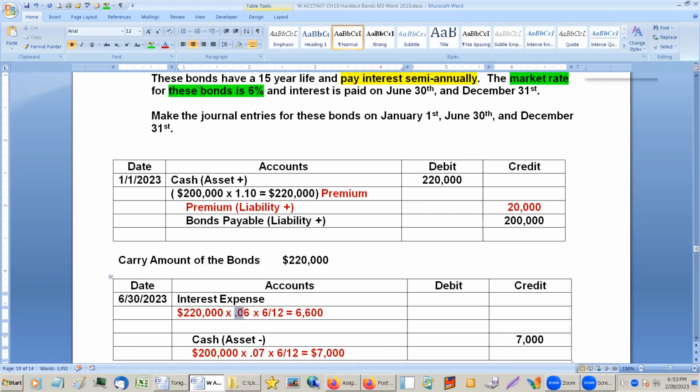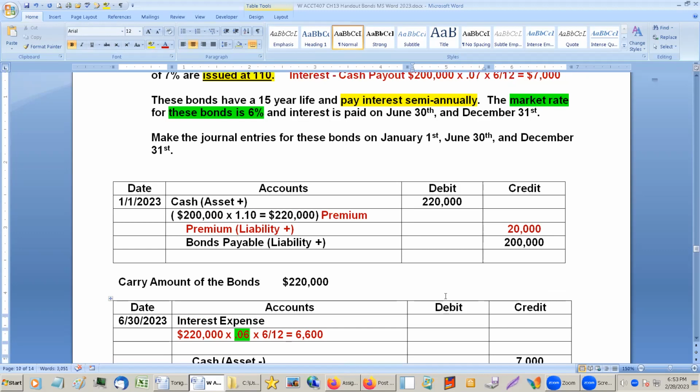So this is the market rate for those bonds. And you'll notice it's higher than the cash we're paying out. So this is 6,600.